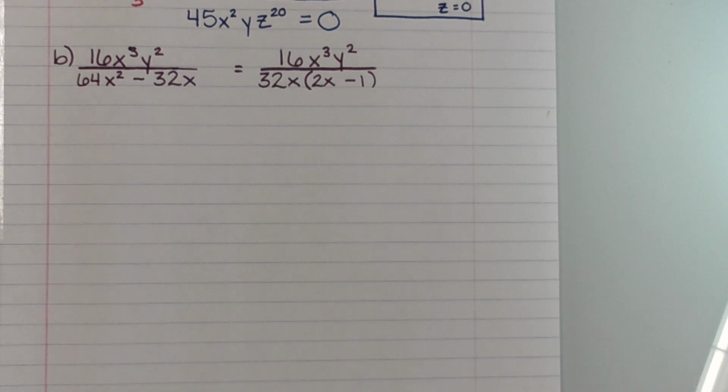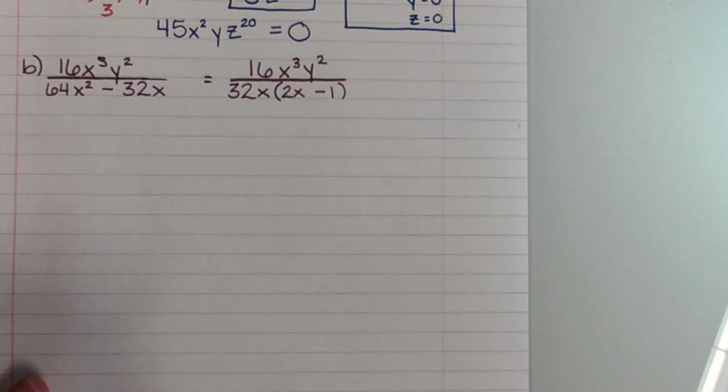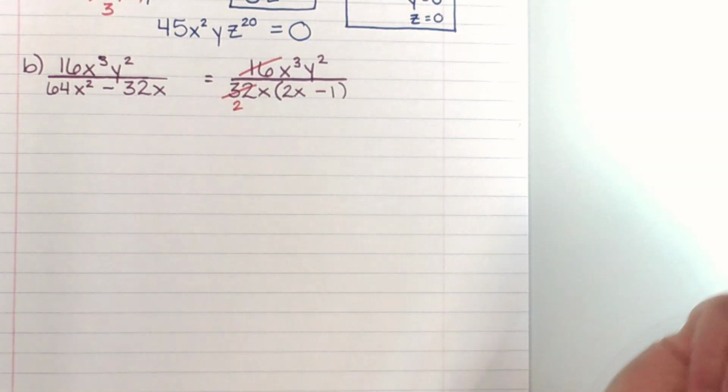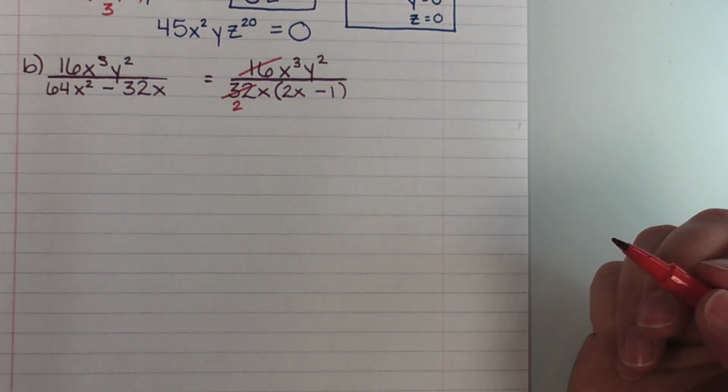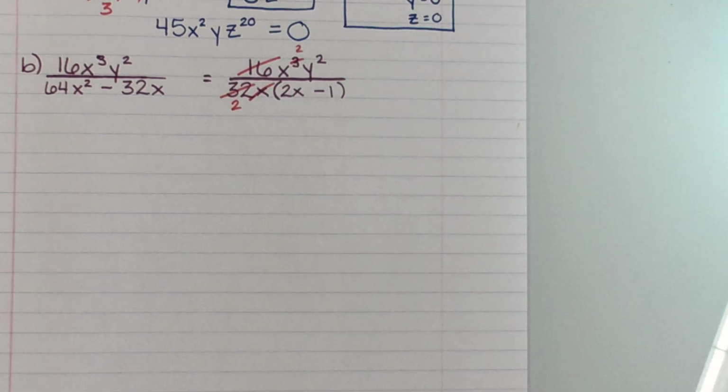Ethan, what can I cancel out of both of those monomials? 16, 32, 1, 2. Okay, anything else? X squared. Left with an x squared on top.